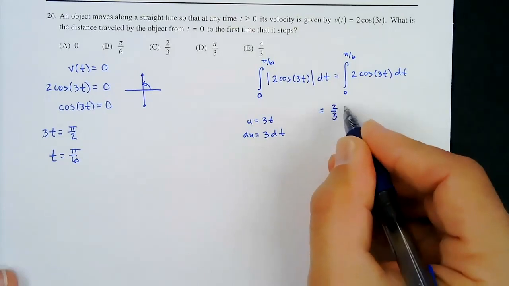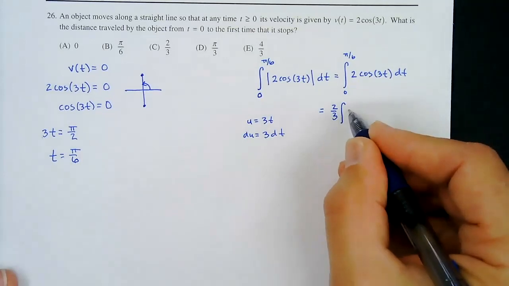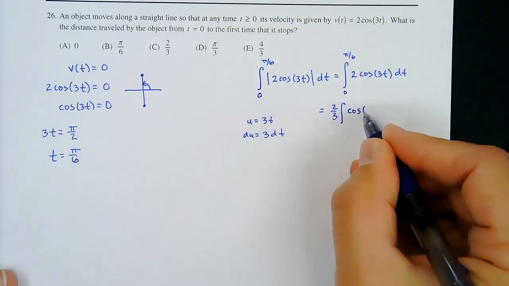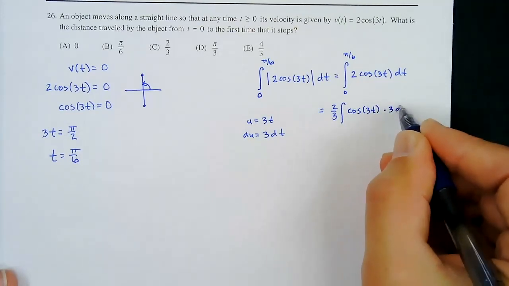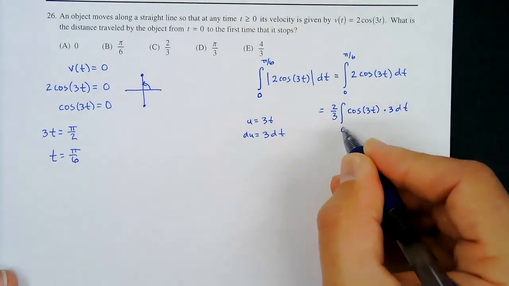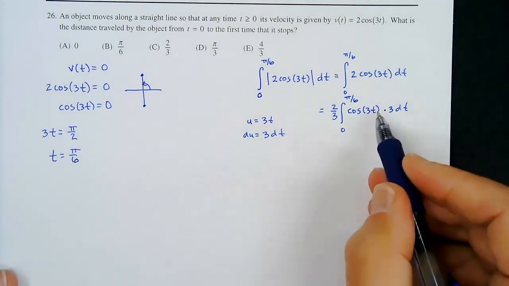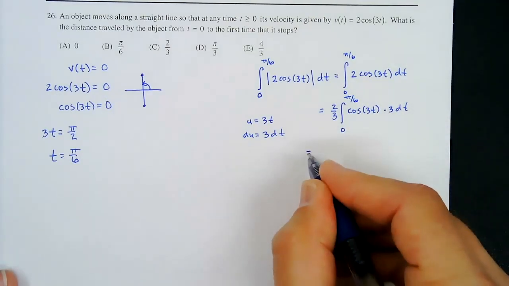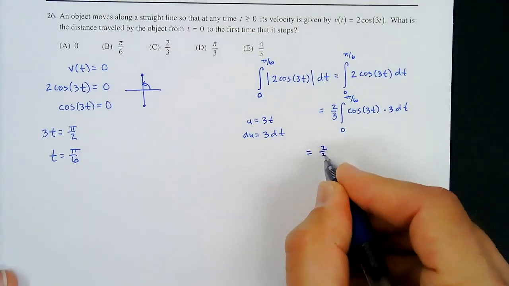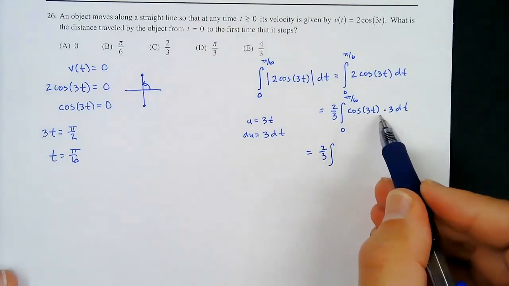So this is going to be 2/3 the integral of cosine of 3t times 3 dt from 0 to pi over 6. And so this is going to be cosine of u, and this is going to be my du. So this would equal 2/3 the integral, and this would be cosine u du.